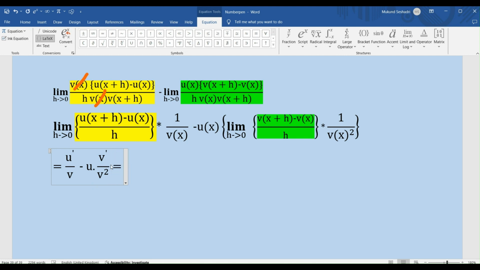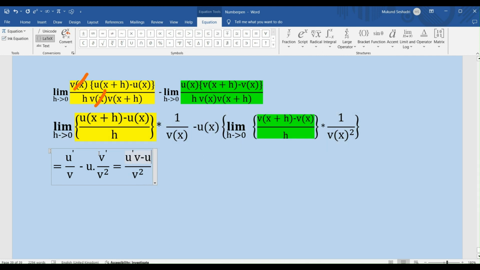Now when I further expand this, my first part of the numerator becomes u dashed of v, and my second part does not change.